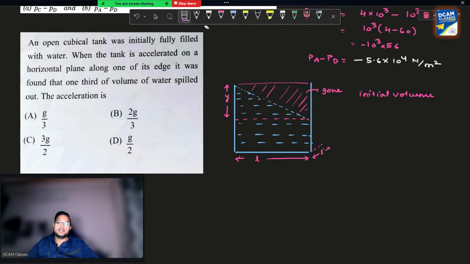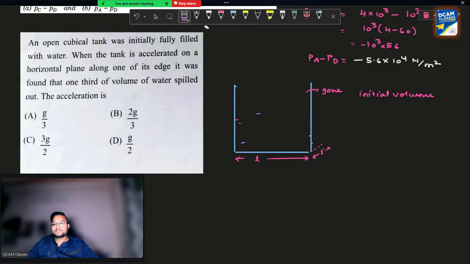Otherwise, it would become difficult to solve this question. Initial volume Vi was Y into L square.